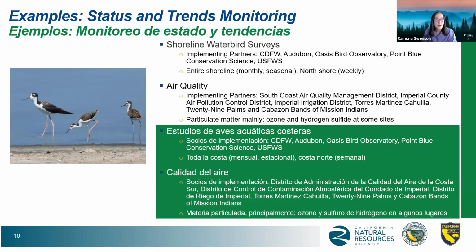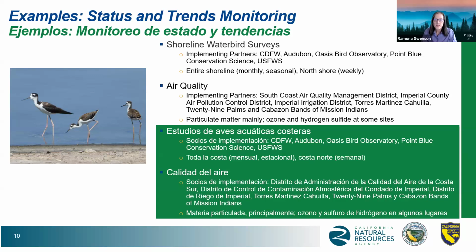So let me tell you a little bit about some examples here. First, in status and trends monitoring, one example that's been going on for quite a while are shoreline waterbird surveys. This included partners from California Department of Fish and Wildlife, or CDFW, Audubon, Oasis Bird Observatory, Point Blue Conservation Science, and the U.S. Fish and Wildlife Service.